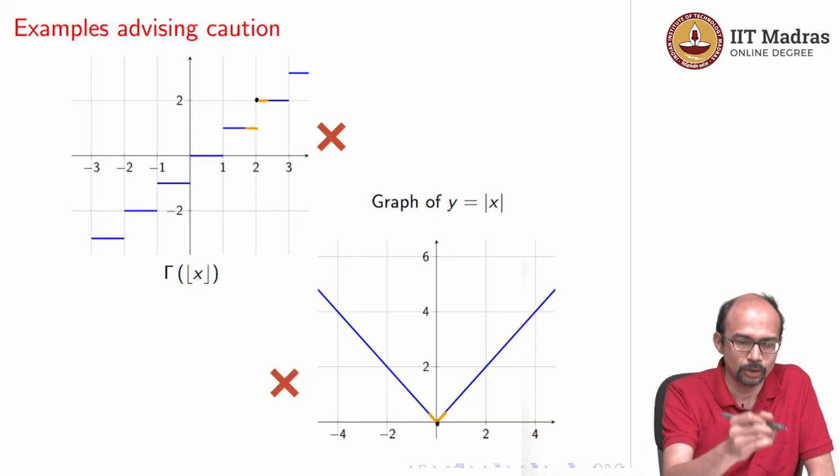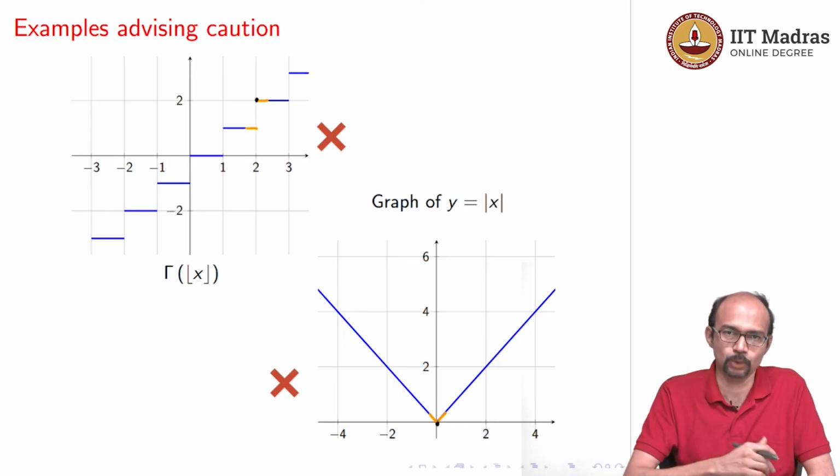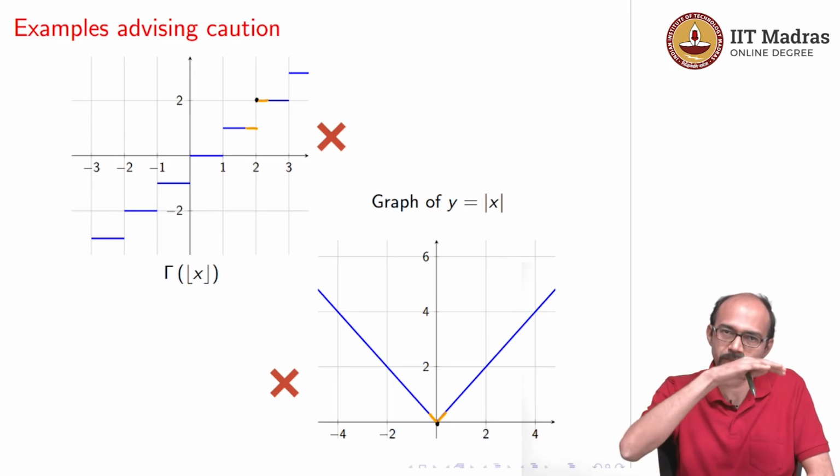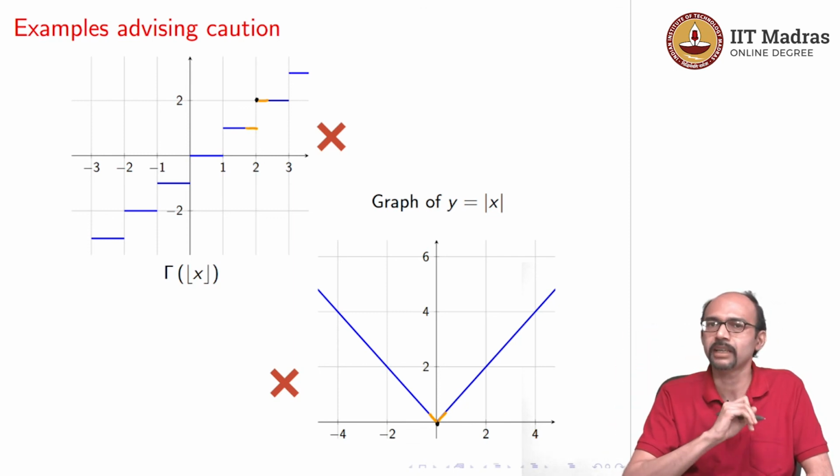Okay, so these are examples which tell you that the idea of a tangent line is more tricky than when you have things which are very nice and smoothly moving along. If you have jumps or sudden zigzags like that, tangent lines may not exist.